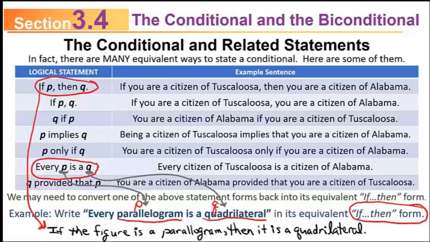So instead, I'll say, if the figure is a parallelogram, then it is a quadrilateral. So it's really just that simple. You're going to use that chart to turn the statement back into if P then Q, and if it's necessary to add a few words to make it sound better grammatically, then you can do that as well.